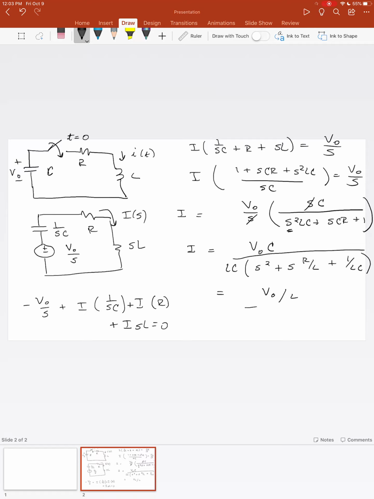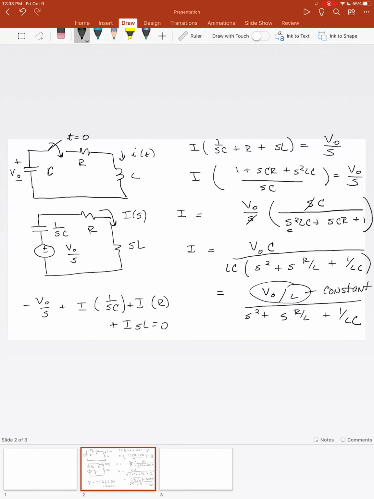Simplifying one last thing, that gives me V naught over L over s squared plus s R over L plus 1 over LC. So in the numerator, I just have a constant. So when I take the inverse transform, that's just going to come out to the front.